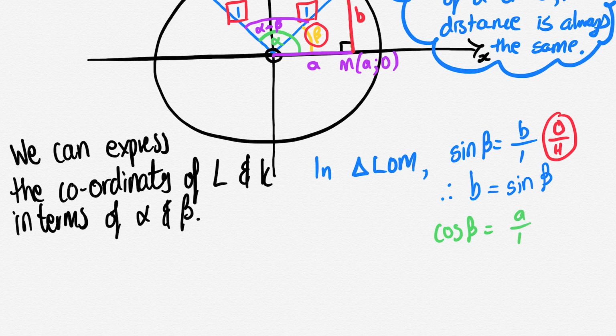We have A over h, which is adjacent over hypotenuse, which is A over 1, as we have it on the diagram above. You therefore can say that we've got A is equal to cos of beta.